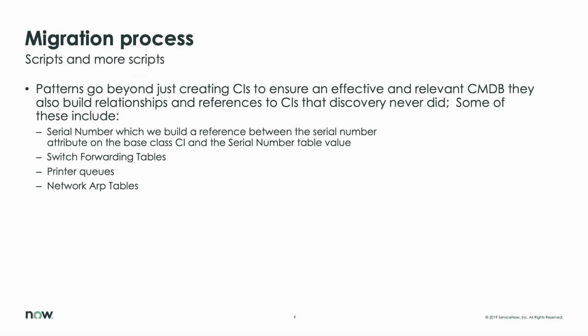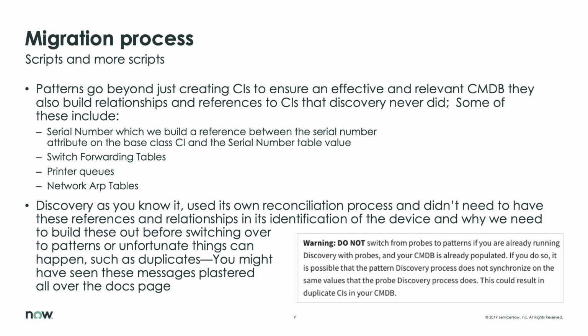One thing: why do we need to do this? People are wondering why all the deal with having to mess with a migration path from probes and sensors to patterns. It was because patterns do a lot more in relating CIs and building relationships.